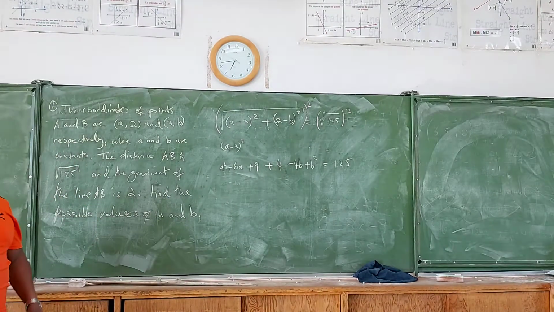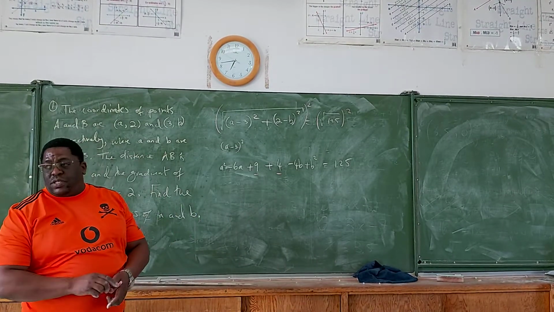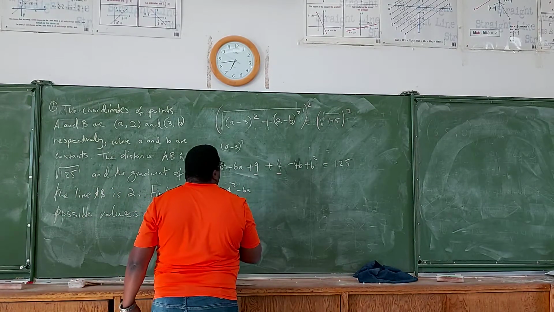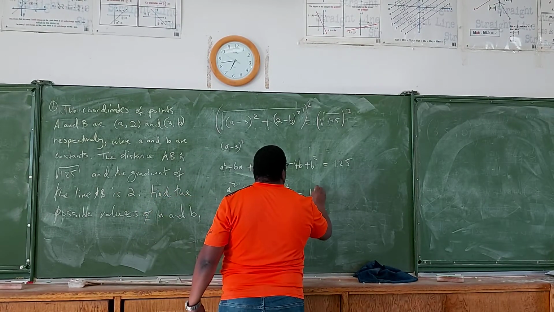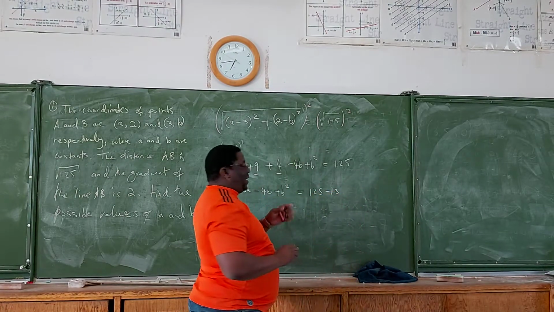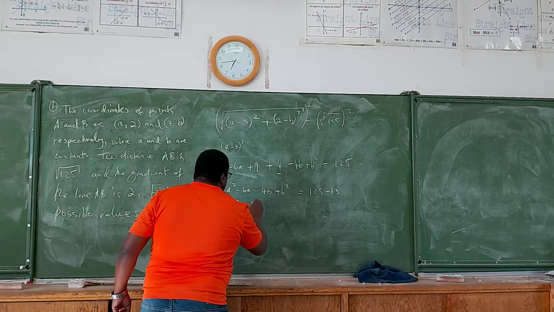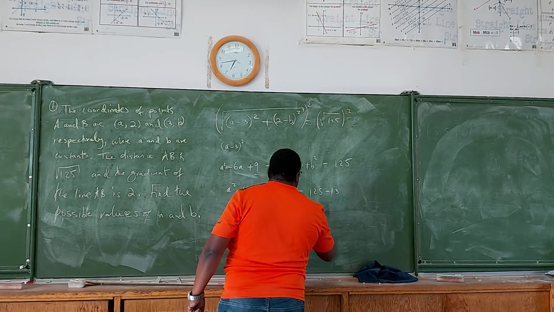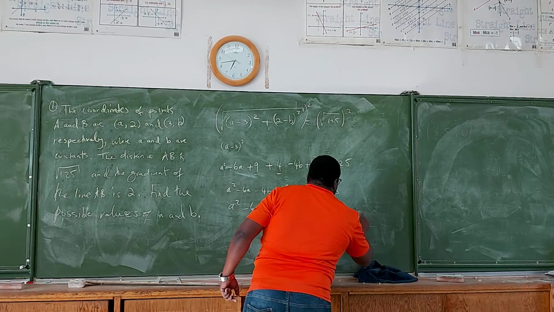Can we clean up something there? Constants: 9 plus 4 is 13. So I've got a squared minus 6a minus 4b plus b squared. I think we should make it a subject. What is 125 minus 13? 112, you said? You agree? Correct.